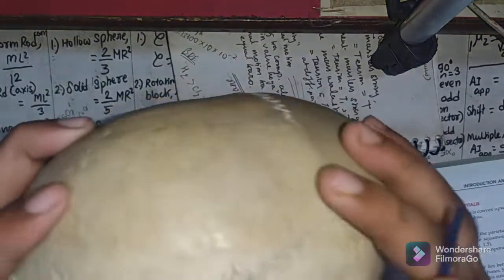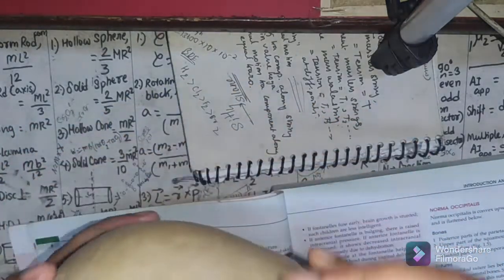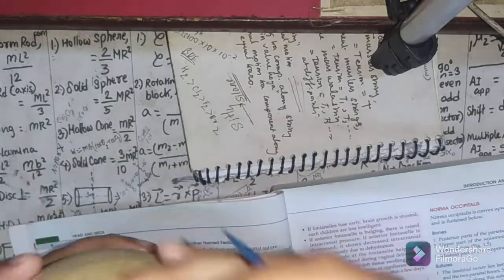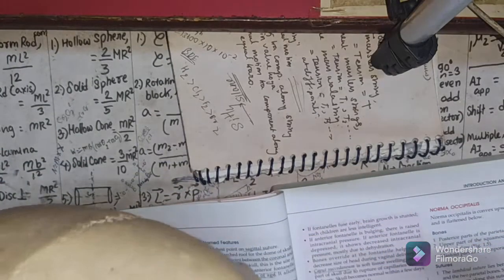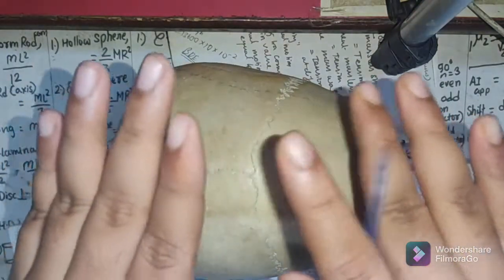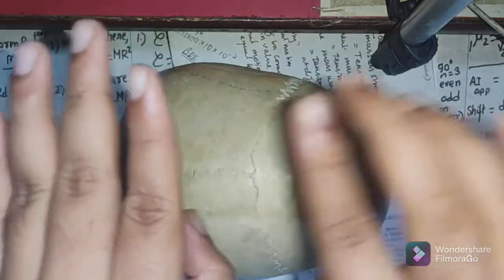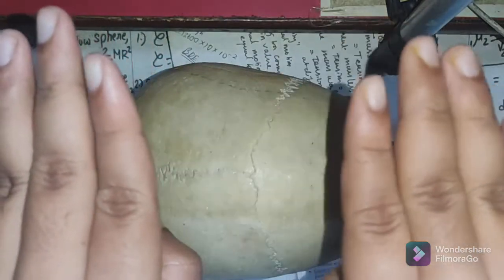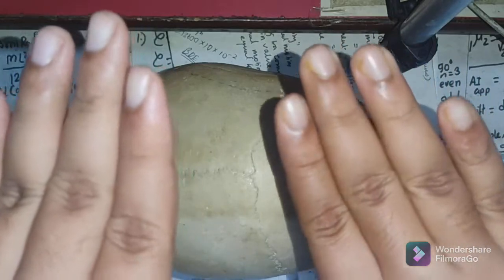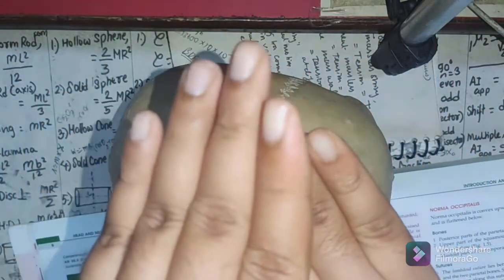Now what happens at these two points, I mean at these two fontanelles? During the vaginal delivery of the baby, the bones override. Now what's the meaning of override? See, suppose the gap between these two hands is the fontanelle. During delivery, they override each other, they come like this.